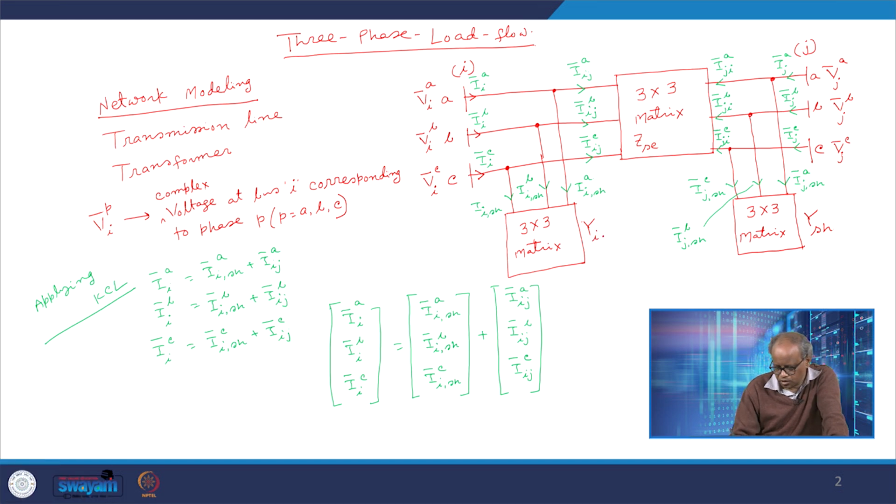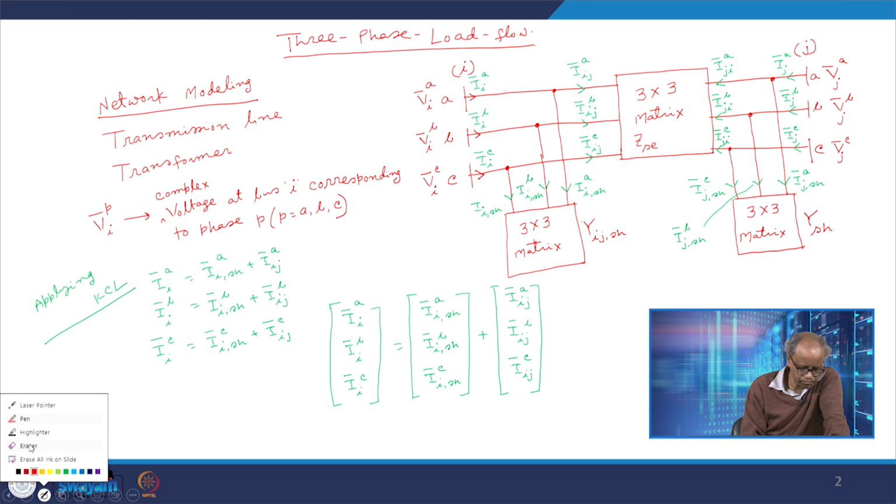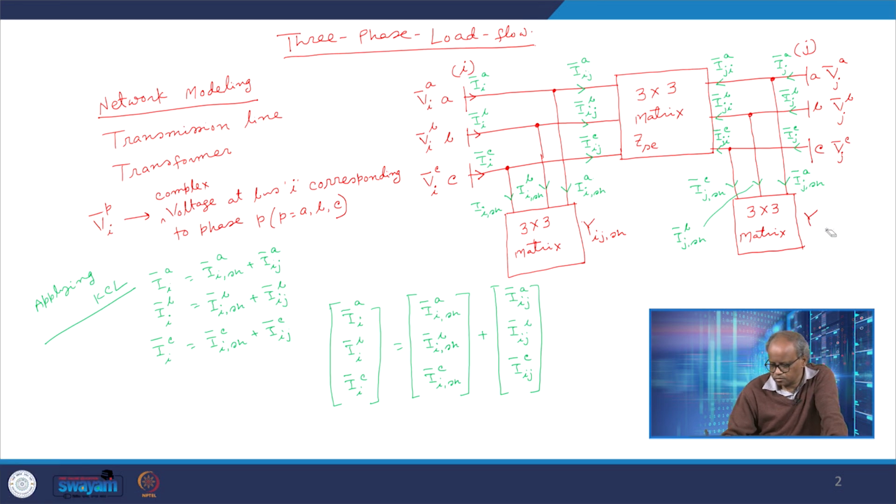This is Y_ij shunt, this is also Y_ij shunt, and this is series. So what is Y_ij shunt?